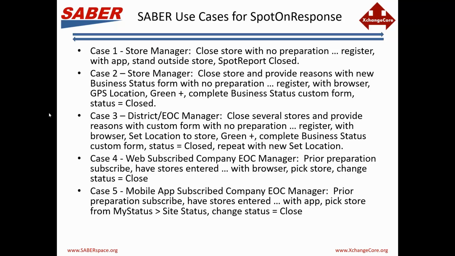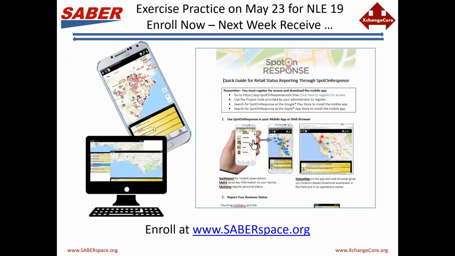Okay, other questions? No, then please go ahead and pull down the SpotOnResponse guide, which I was using there, and invite your friends to come and enroll in SABER so that you can participate in the exercise.